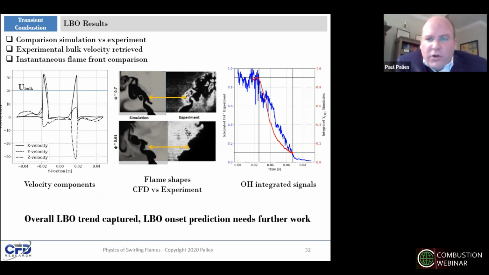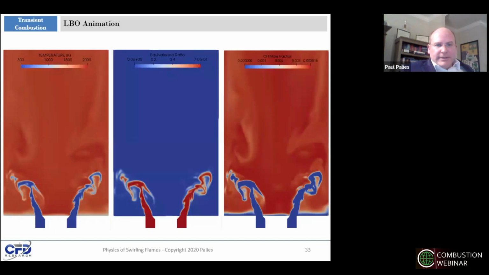You see a global trend that is captured by the transient sequence we model, and a discrepancy towards the end of the simulation. Overall, the LBO trend is captured, but the onset prediction by the simulation needs further work. We have some thoughts and results to support what should be looked at.